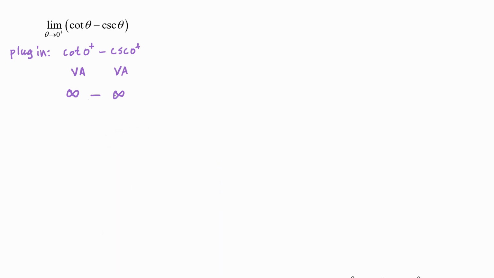So what's happening here is we have infinity minus infinity, and that's an indeterminate form, and we are not allowed to use L'Hopital's on that, which means we need to do a little bit of work to simplify this limit. So this is going to equal the limit as theta goes to 0 from the right.